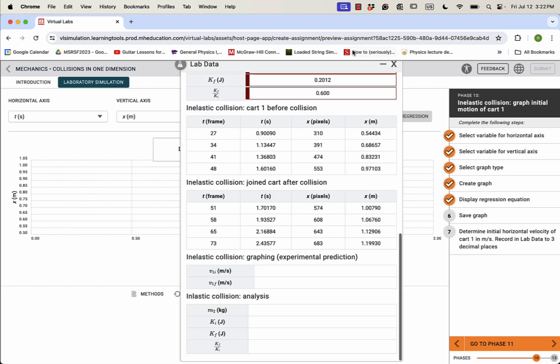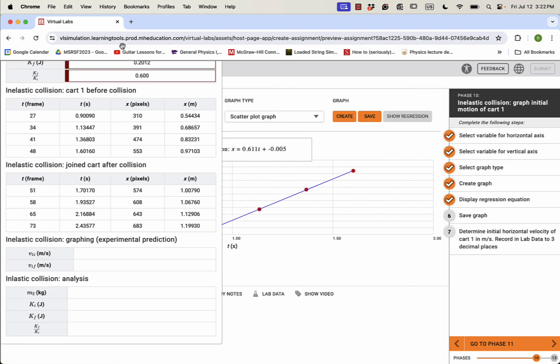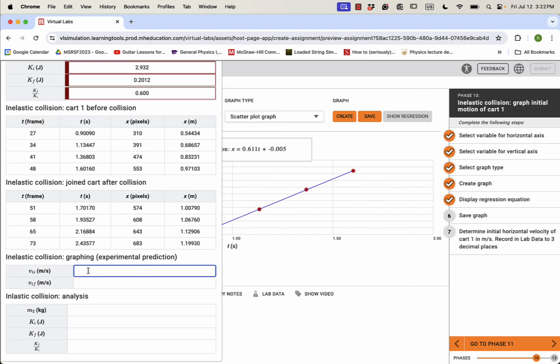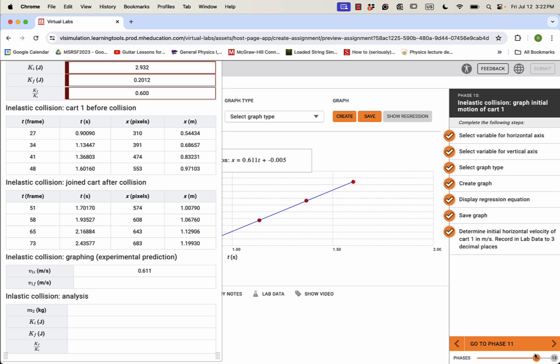So put that in the lab data table. So that's 0.611, and then save the graph.